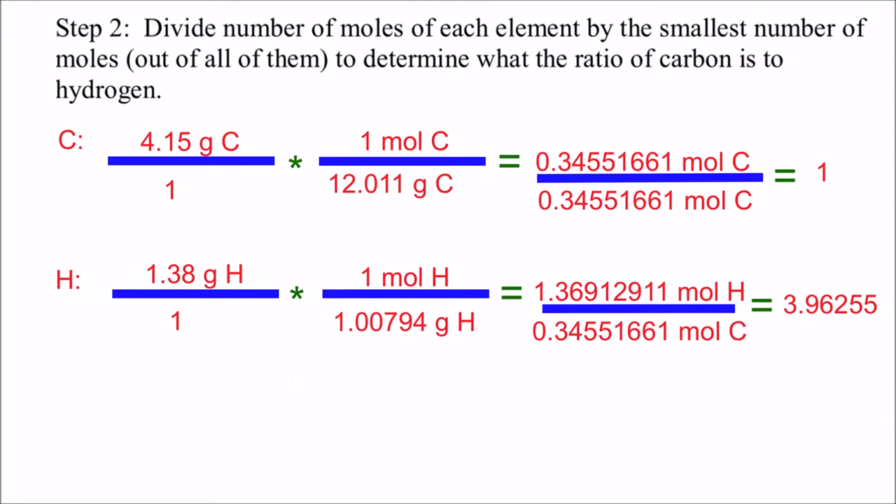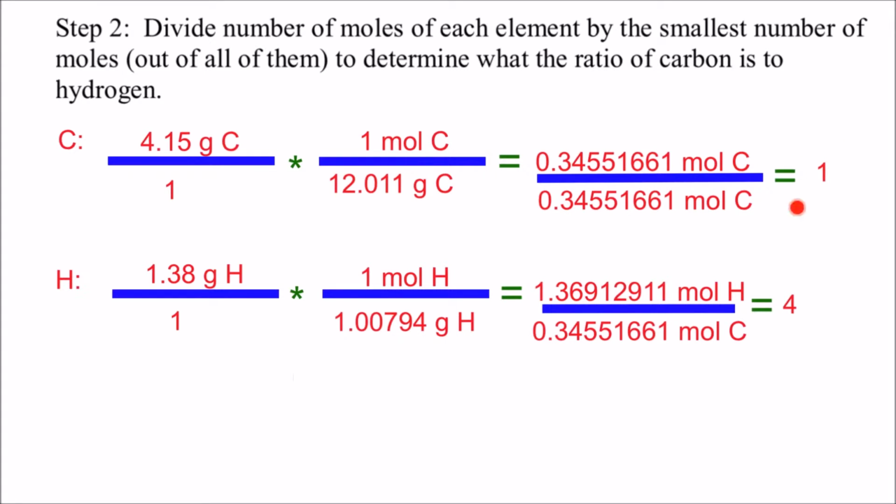Now, we were supposed to get a whole number, and as you can see, this is really close to 4. So our method is going to be that if we're within 0.1 of a whole number, we can just round it. So since we have 3.9, we can round that to 4. If you're more than 0.1 away from a number, then you're going to need to multiply by those numbers in that chart. Okay?